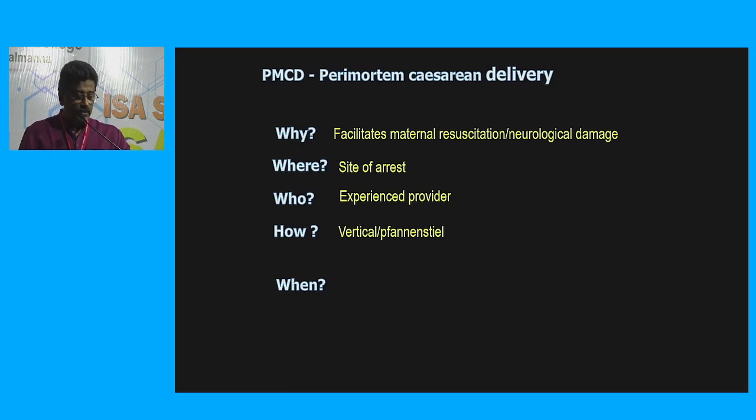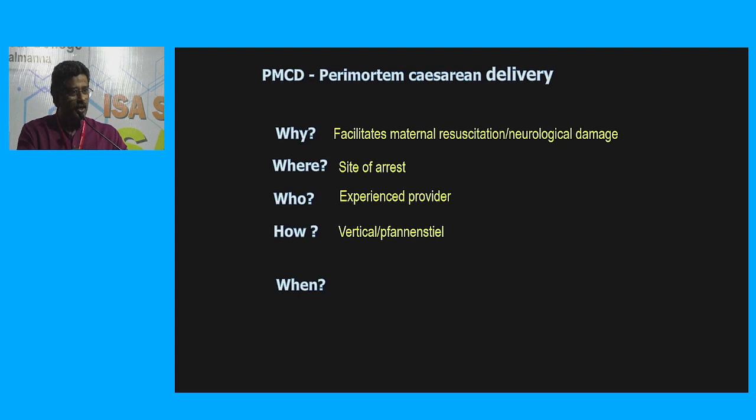Then how? Whether it should be a vertical or Pfannenstiel incision? What's your opinion? Vertical is the classical one. What they said earlier is that it is classical, because it's very easy just to cut open the abdomen and take out the baby. But later, after 5 years when they studied this, the time taken by the present gynecologists is much more when they do a vertical, because all of them are accustomed to Pfannenstiel.